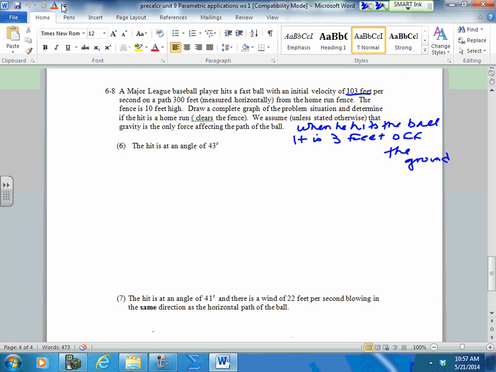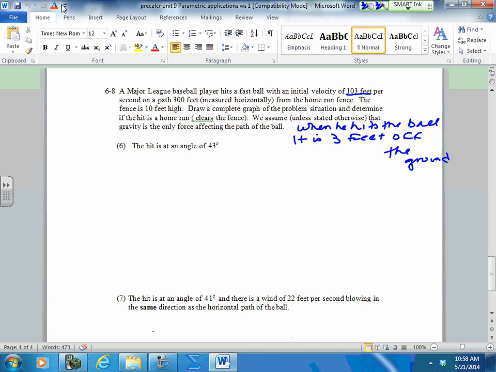When you hit a baseball, isn't it up here rather than on the floor? That'd be more of a golf swing, right? So when you hit a baseball, it's about 3 feet off the ground, right? Because if you hit it off the floor, it's more of a golf swing.